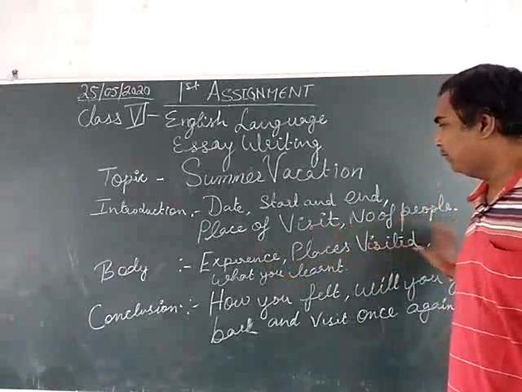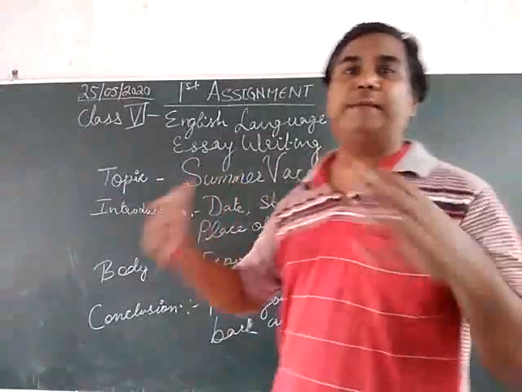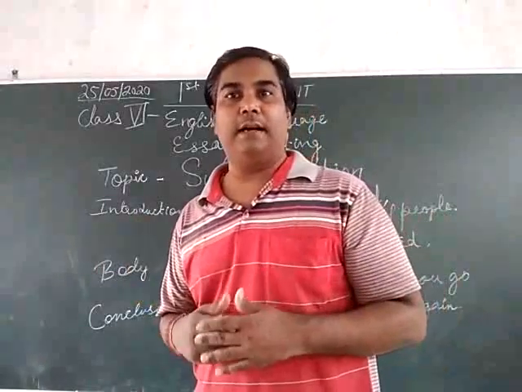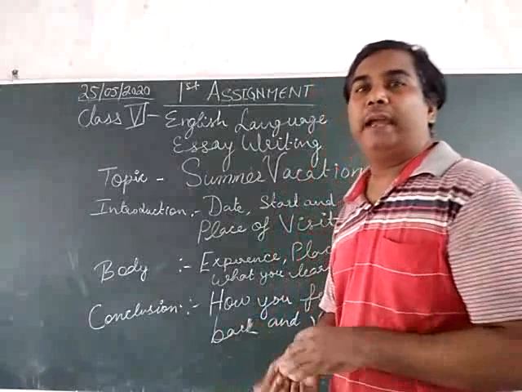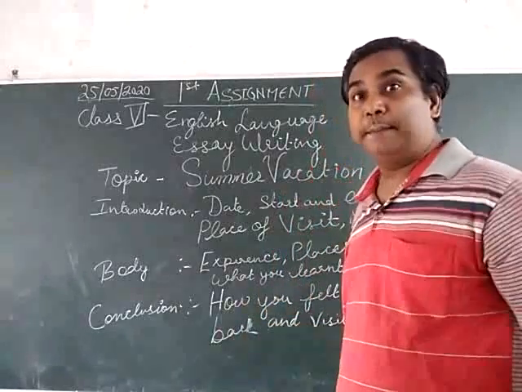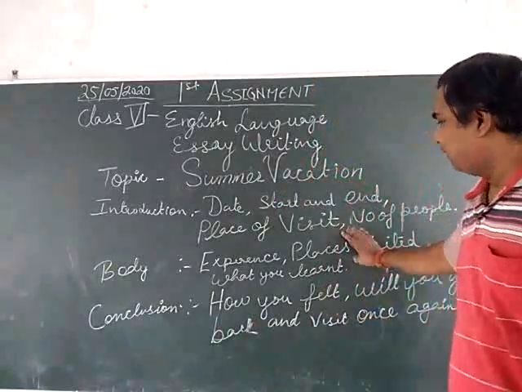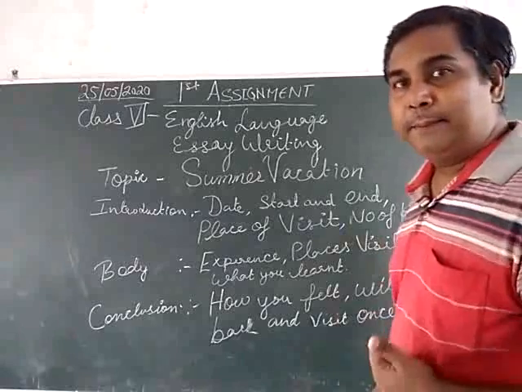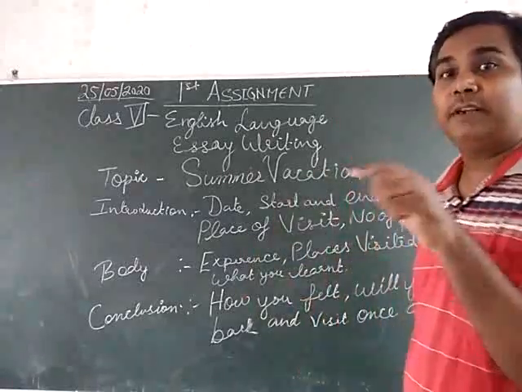Then the places visited and what you learned. Places visited could be different types of temples, what types of temples they are, and what knowledge you gained by looking at all these historical temples. So you need to keep in mind the places you visited. Did you visit one temple or did you visit 2 or 3 temples? You need to mention the name of the temples.